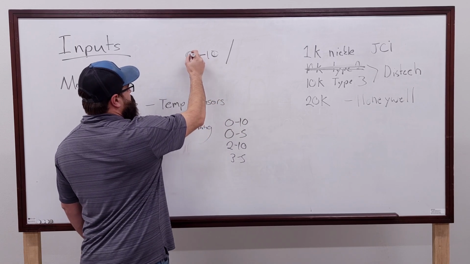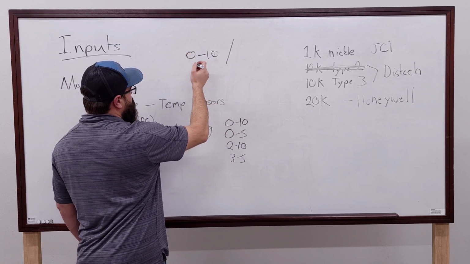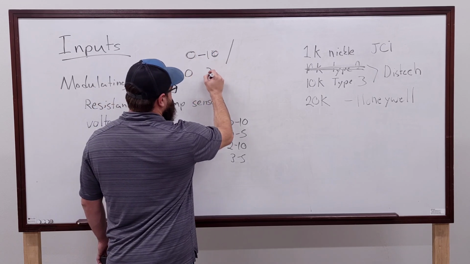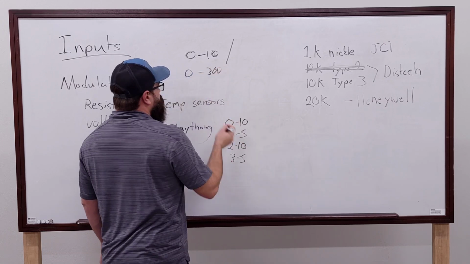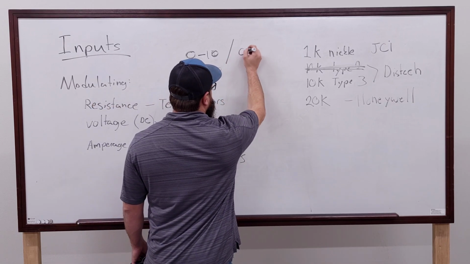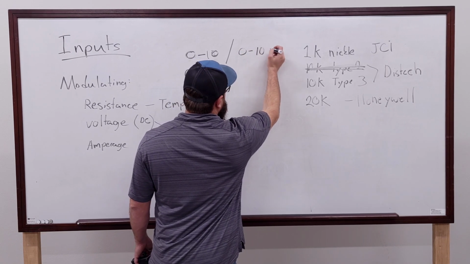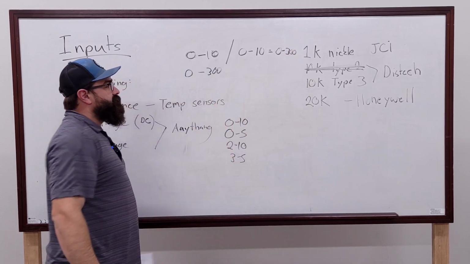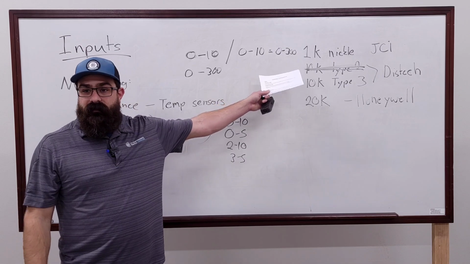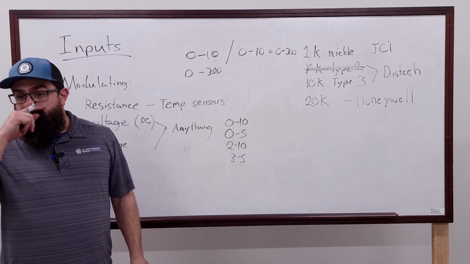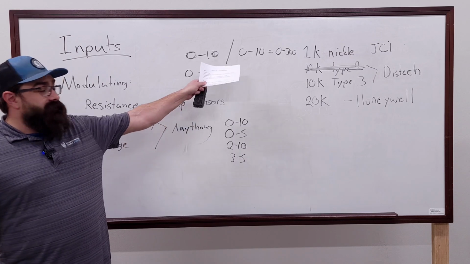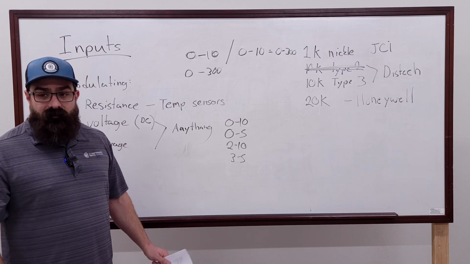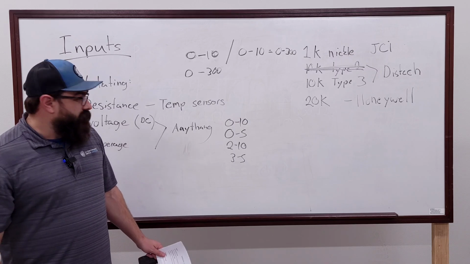So let's say that sensor from Honeywell is a 0 to 10 voltage, and that tells me it's, let's just go crazy, 0 to 300 degrees. I have to, in the software, figure that 0 to 10 equals 0 to 300, and it will scale that input to where when it gets 10 volts, it knows it's 300 degrees. When it gets 0 volts, it knows it's 0 degrees. And I'm using round numbers here. Nothing is ever that simple. It's always some weird values. It's never a nice round number. So it just never is.